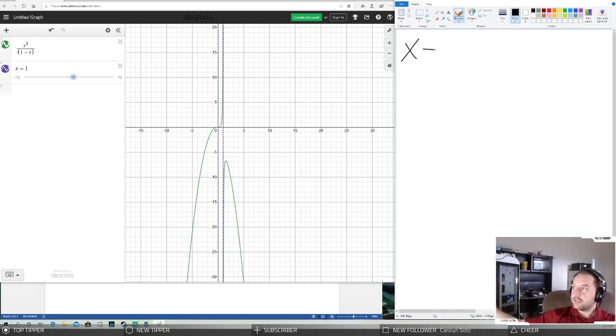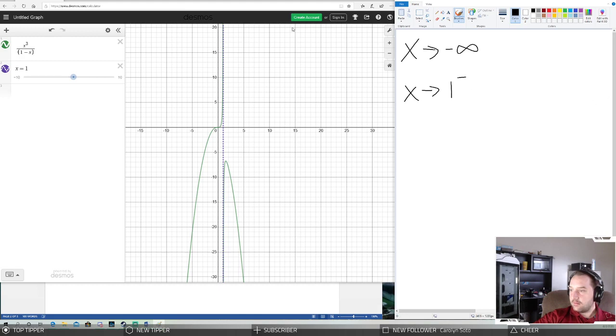So as x goes to negative infinity, meaning it's going this way forever, I know that my y is going in a direction, so it looks like it's going to go down. But we'll do that in a bit. Then we know that this vertical asymptote, it's approaching that. So as x approaches 1 from the negative, x is going to go to 1 from the negative.